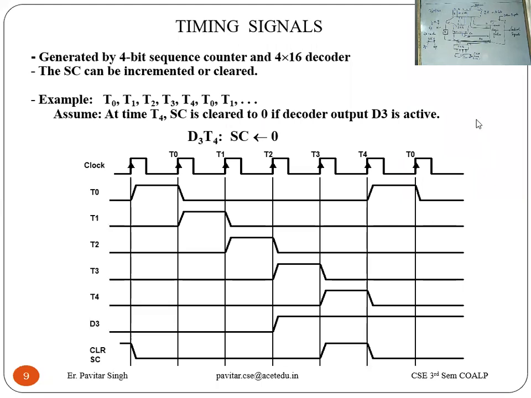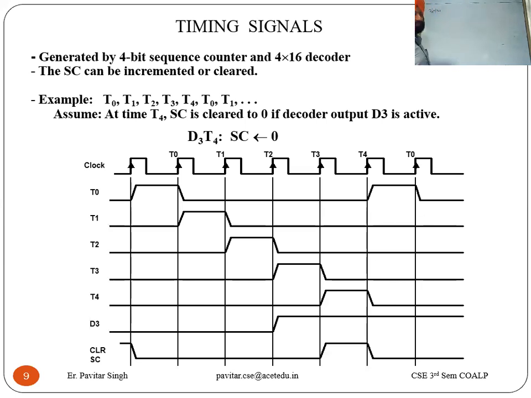So the next diagram will help you to understand the timing signals, right? First of all, you can see that the first transition indicates the clock. The first transition indicates the clock. Because CLK is attached to the SC, SC is the sequence counter, right?